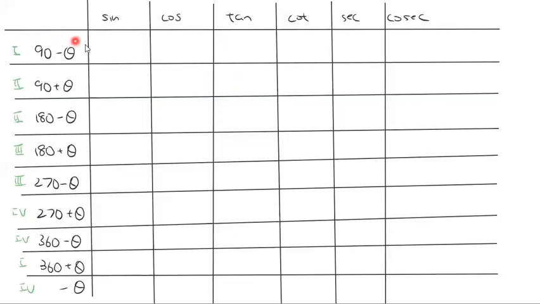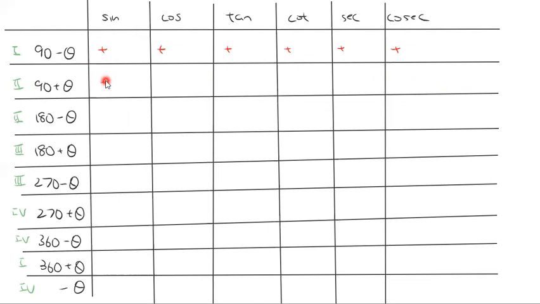First quadrant: is sine positive or negative? It's positive. Cosine? Positive. Tan? Positive. Cot? Positive. Sec? Positive. Cosec? Positive. And so, second quadrant, sine?